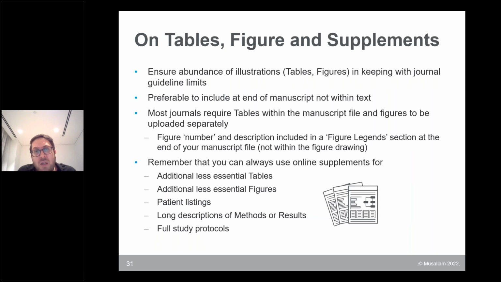I mentioned these things already. To ensure abundance for tables and figures, usually always put your tables in the main Word file of the text at the end, unless the journal asks you not to, and to submit it as a separate Word file, but don't submit them in Excel. For figures, you usually put the legends of the figures at the end also of the manuscript under a heading, figure legends.